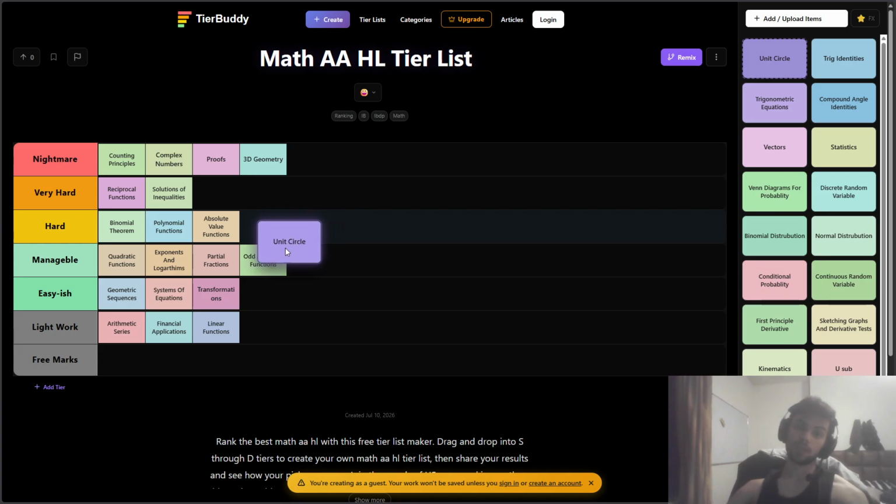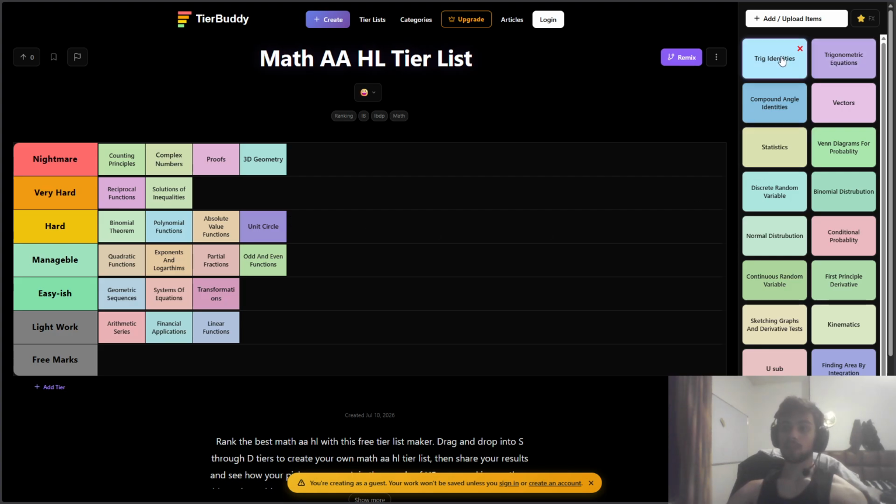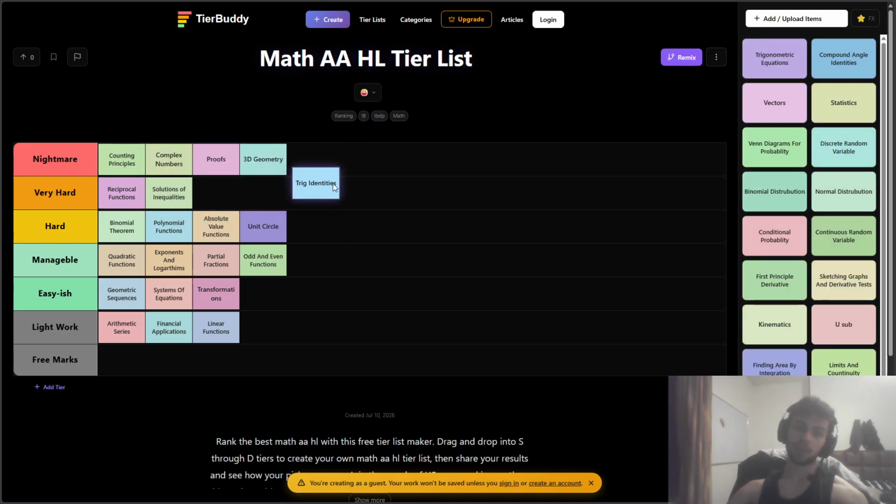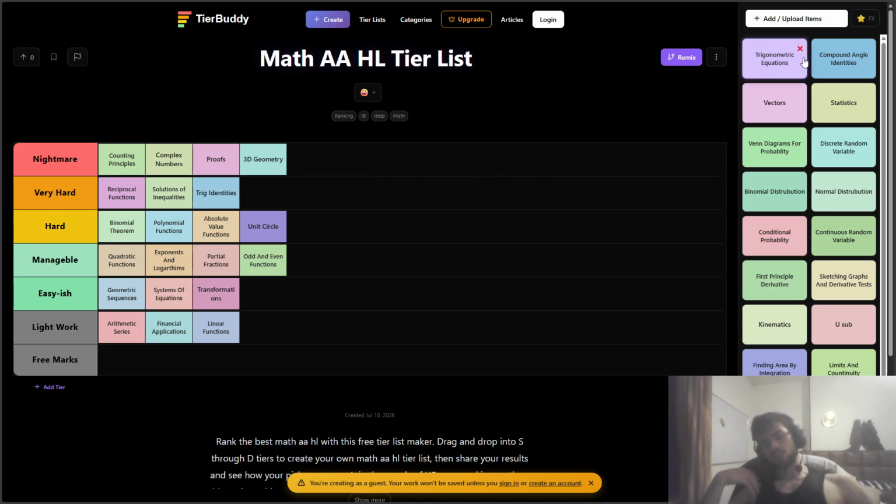Unit circle, it's hard but extremely fun once you understand it. With trigonometric equations, super fun. Trig identities, very hard or nightmare tier, because you get trig identities in complex number questions, but you also get them in some binomial questions, and you have to use compound angle identities.